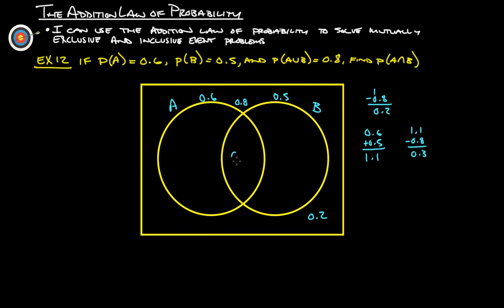That 0.3 is the part that got counted twice. So 0.3 would be in the middle, so just A is 0.3, because 0.3 and 0.3 is 0.6. If B is 0.5 and we've already used 0.3, that leaves us with 0.2 here. If we add all of these up, 0.3 and 0.3 is 0.6, plus 0.2 is 0.8, plus 0.2 gives us our 1, which is everything that could possibly happen.